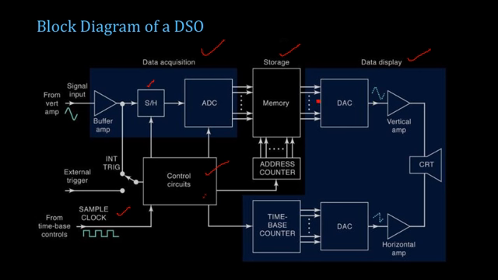Whenever one of the addresses is accessed, it will provide you a single unit of data. That will be converted to a point or an individual signal, and sent to the vertical amplifier. Then the address counter will be updated to the next address, and you will take out the next data which is stored.